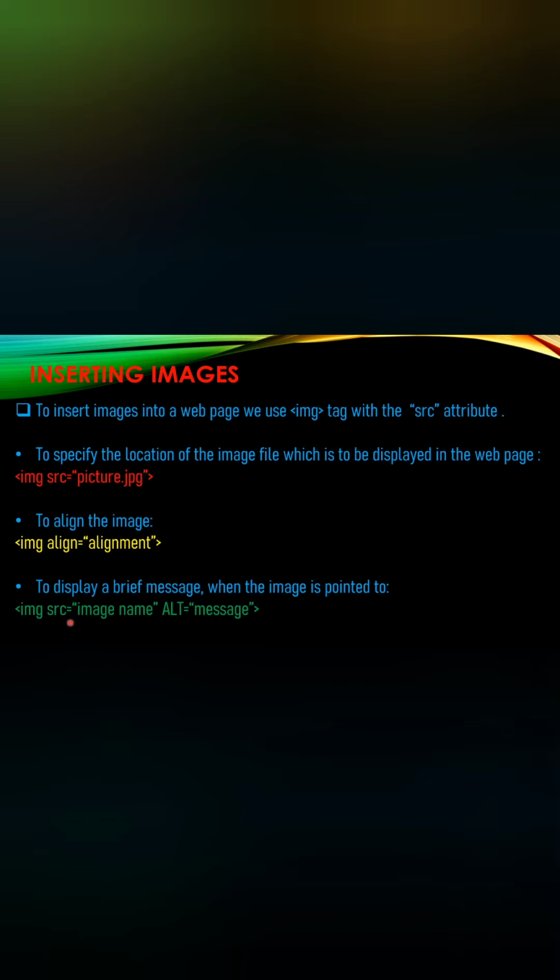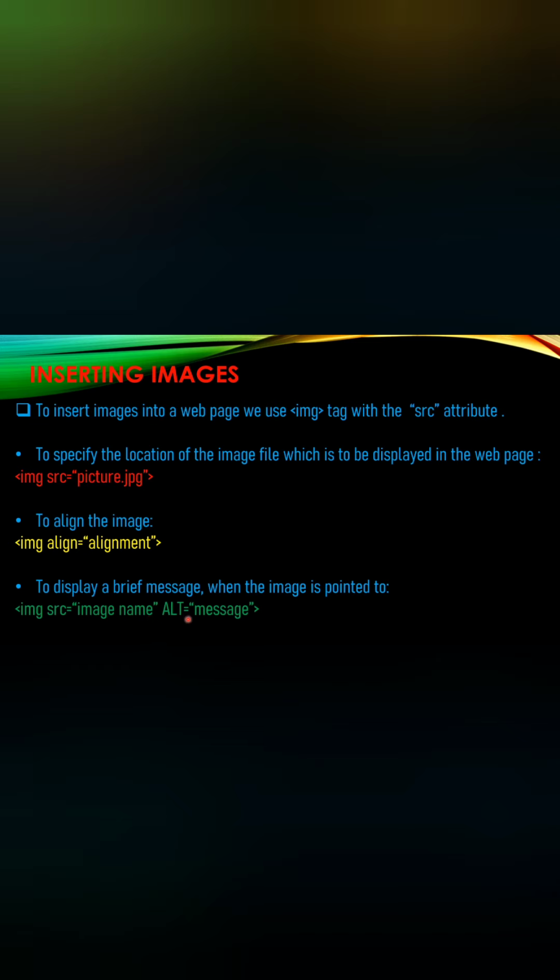Suppose if the image is not available in the defined location. Okay, so we can display a message over there. This is the syntax for displaying a brief message when the image is pointed to. You have to open the img tag, then src equal to picture name or image name in the form of .jpg. Okay, then alt.